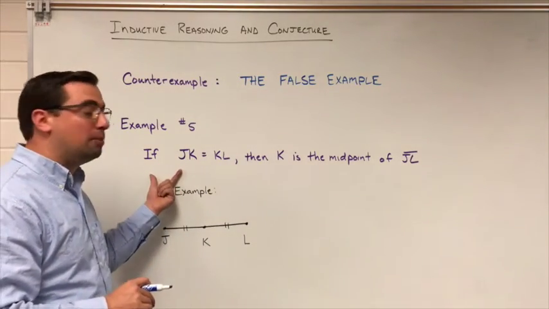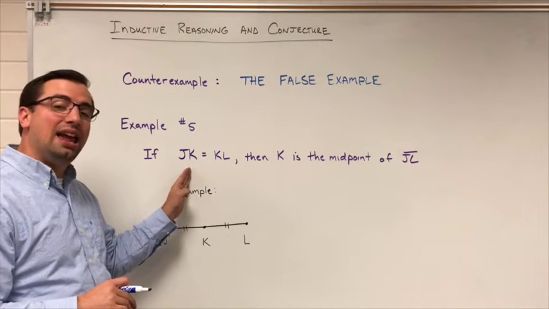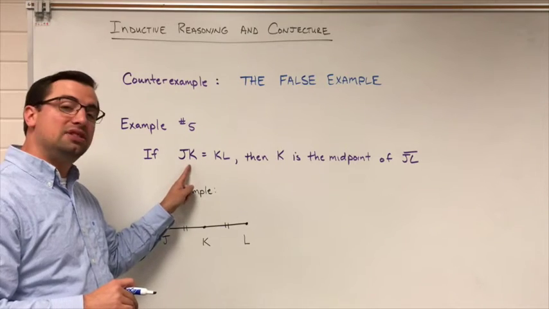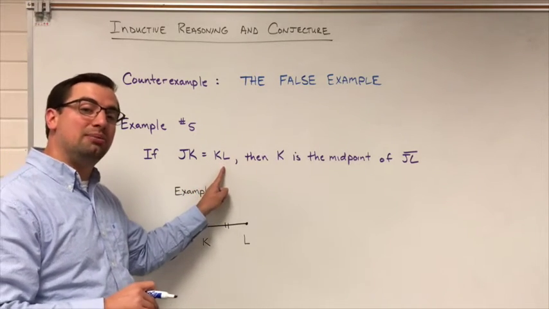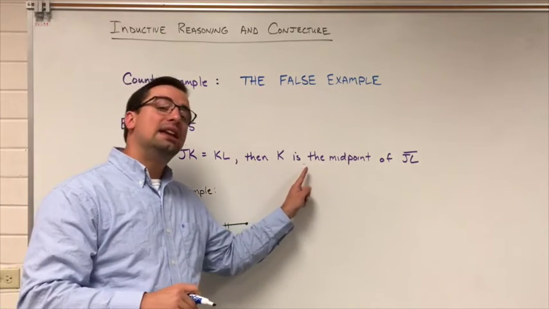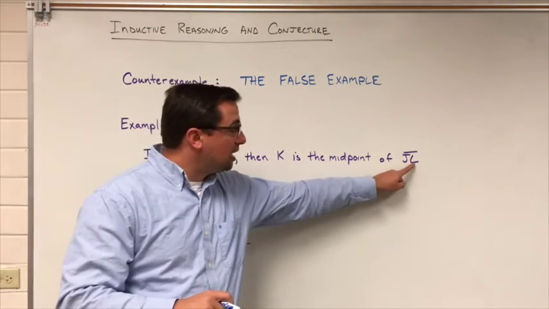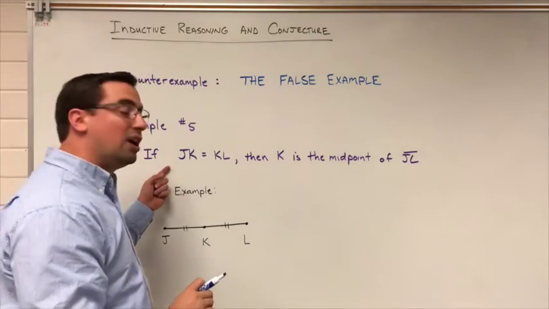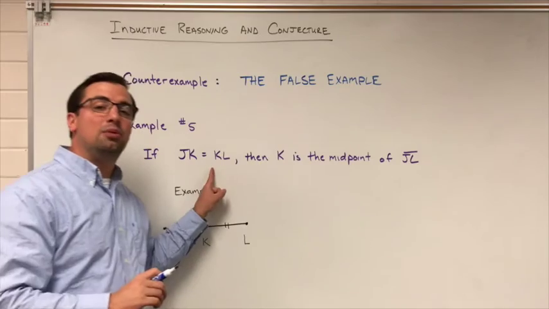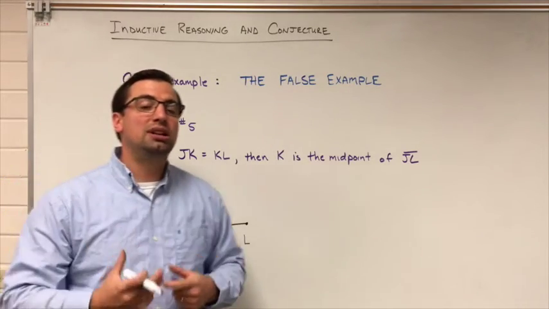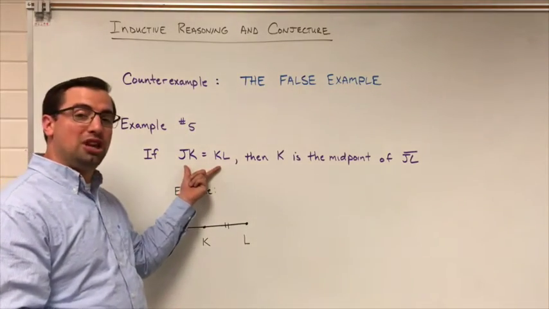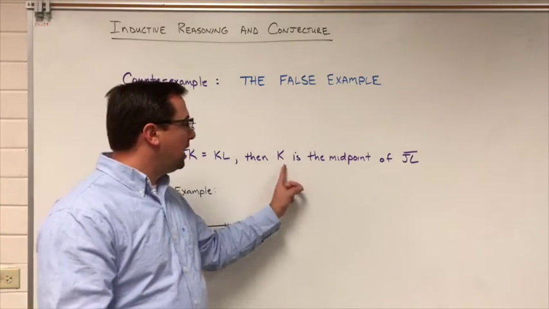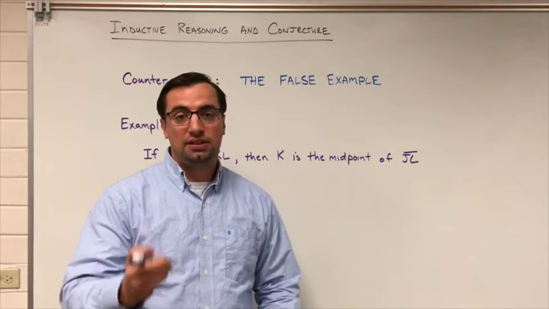Here in this example, number 5, it says if JK equals KL, remember these are segment notations, meaning the length of segment JK is equal to the length of segment KL, then K is the midpoint of line segment JL. Now let's be perfectly clear when we write this statement. Whenever we see a statement like this, we are really saying that if JK equals KL, then every single time K has to be the midpoint of segment JL.